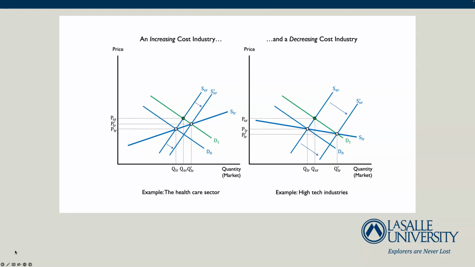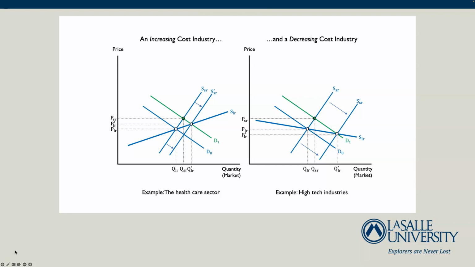The increase in demand here is much greater than the increase in supply, such that over time, in the long run, prices remain elevated, and that's why we have this long-run supply curve that is upward sloping. This, in essence, tells us that prices tend to rise over time in the healthcare sector relative to other sectors, in contrast to maybe high-tech industries, for instance, say cloud computing.